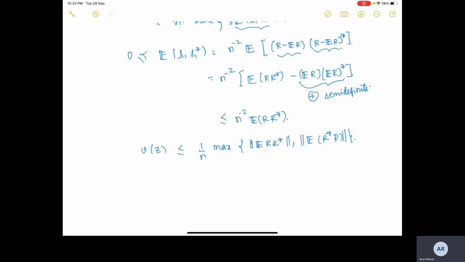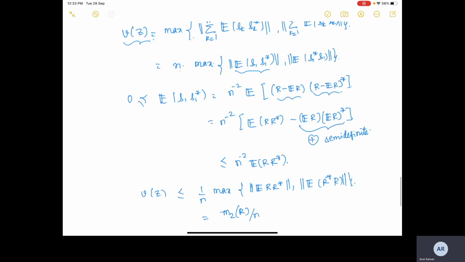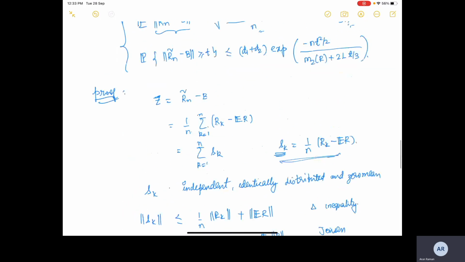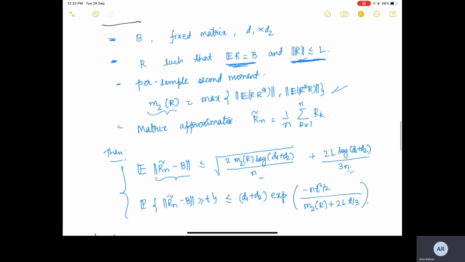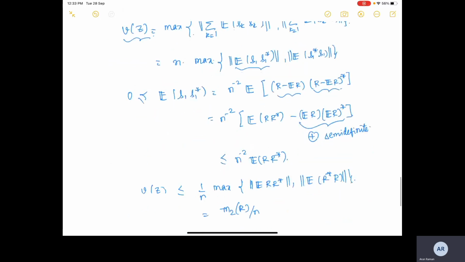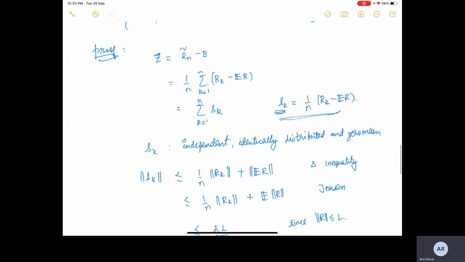Now this is equal to m2 of r by n. Okay, so this was by assumption. We defined m2 of r to be this quantity. So we have got m2 of r by n.